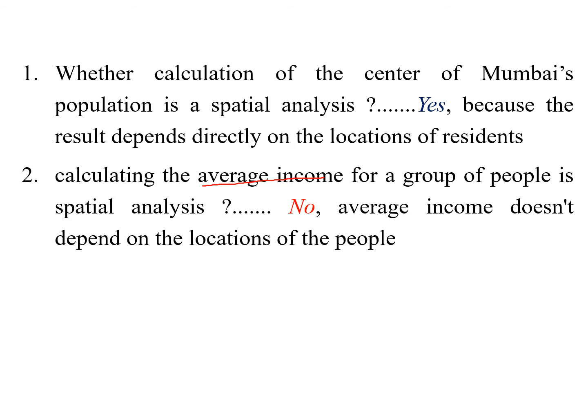The people who are staying there, we can call the population or residents of that particular area. But if we say the income of those people, they are not earning in that region only, they are going elsewhere, so the average income is not the same, because they are not going to the same place. Different people from that region are going to different locations. Therefore you can't say the average income is a spatial analysis for that region.